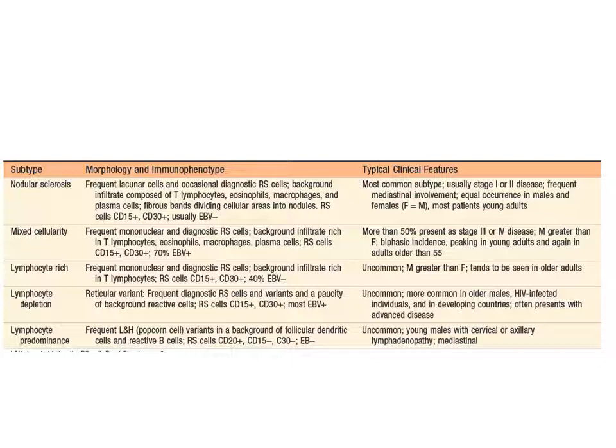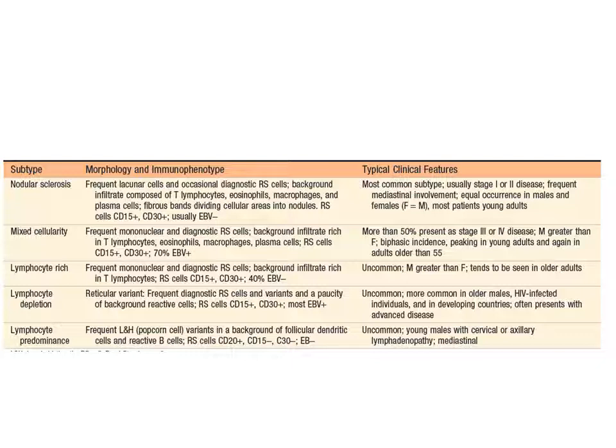Lymphocyte rich: frequent mononuclear and diagnostic Reed-Sternberg cells are present. Background infiltrate is rich in T lymphocytes.